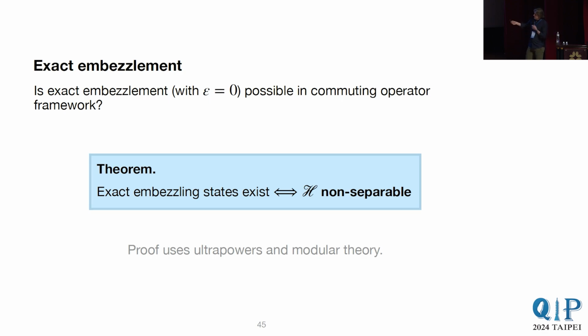If you remember what I told you about the modular spectrum, that is a direct consequence, because exact embezzlement would mean that every value in the spectrum of an embezzling state has to be an eigenvalue, since the modular spectrum of an embezzling state was the whole real line. You have uncountably many eigenvalues, so you need a non-separable Hilbert space. But if you want to make this really precise, you have to use some additional techniques like ultrapowers.